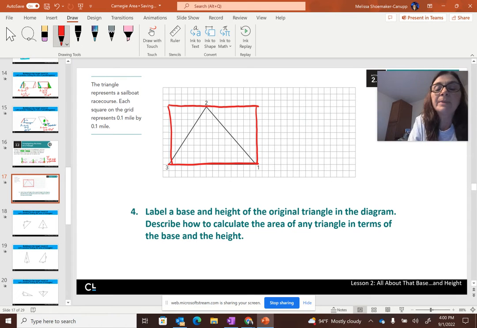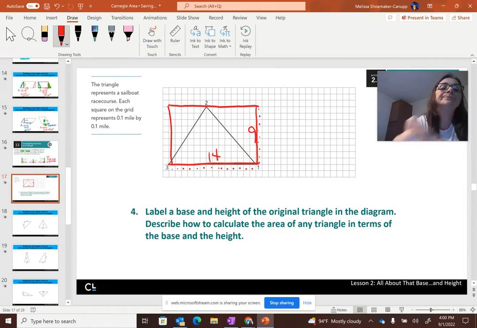Okay. And I can count the boxes 1, 2, 3, 4, 5, 6, 7, 8, 9, 10, 11, 12, 13, 14. So this is a 14 by 1, 2, 3, 4, 5, 6, 7, 8, 9. 14 by 9 rectangle.